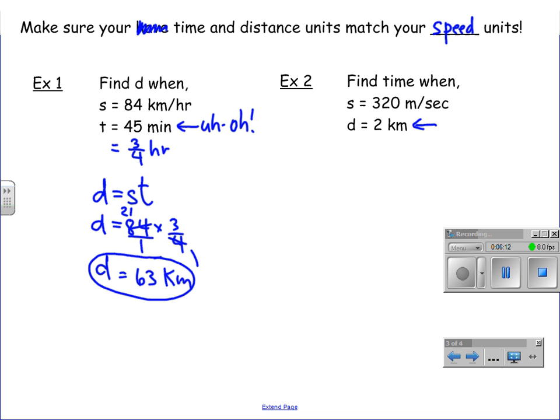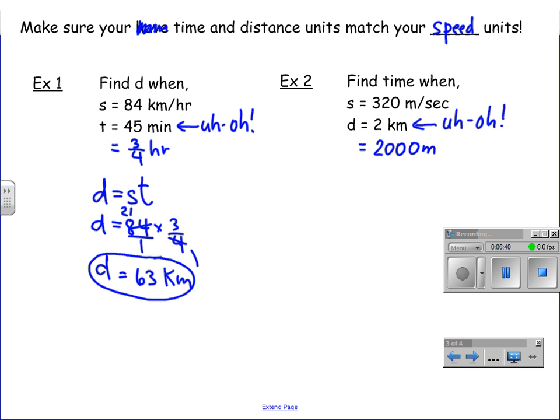All right, so here's my uh-oh. My speed is in meters per second, but my distance is in kilometers. So let's change the kilometers to meters, so it matches the speed. 2 kilometers, Connor, can you tell me what that is in meters? All right.